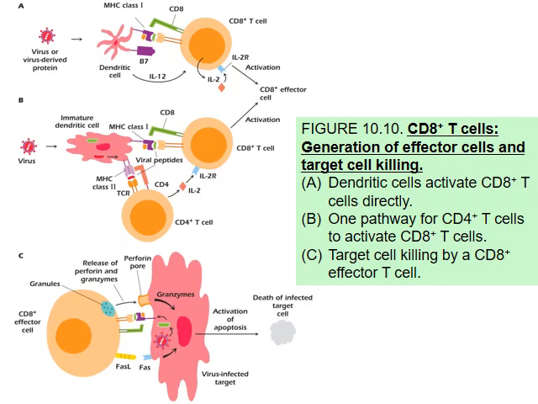Now, when a CD8 cell docks with a virus-infected cell, right, it is going to, of course, take the first signal and second signal. And CD8 cell, because it's a cytotoxic cell, it contains granules, and these granules will be channeled through that pore into the cell to kill the cell.